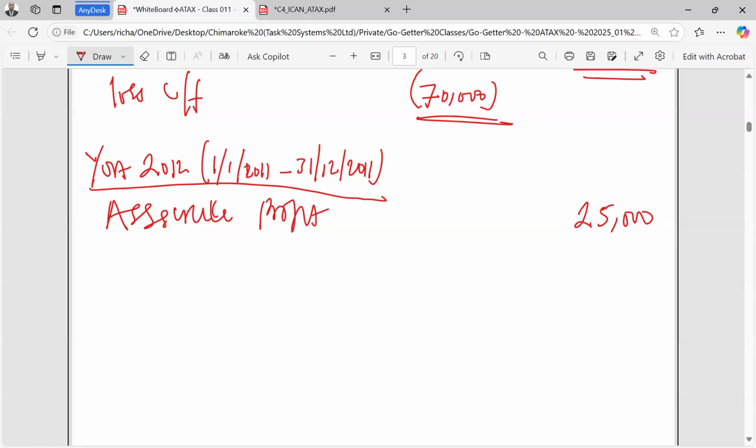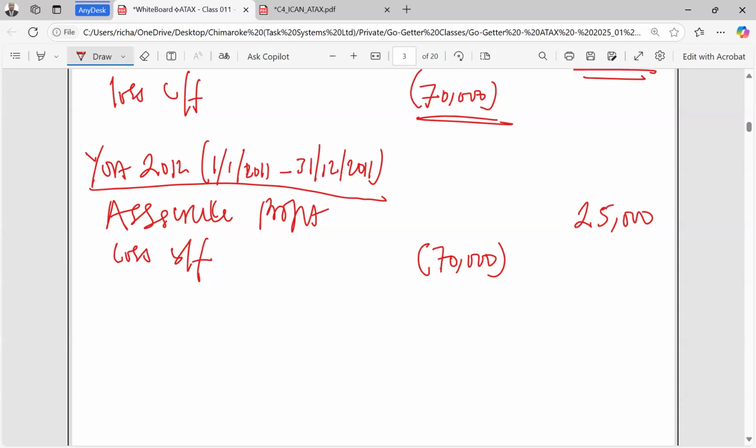Then we come down and bring your loss brought forward. So this is a carry forward loss which is being brought forward. Now this is 70,000 debt or loss that is crying out for relief. But you have 25,000 available for any kind of relief.